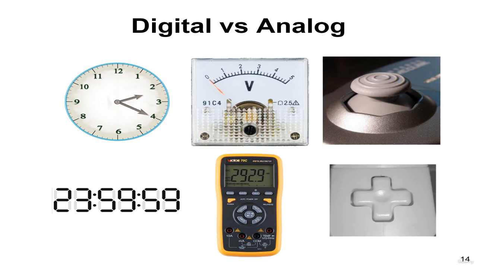So the real world objects can gather data and display the data either by analog or digital means. The clocks, the multimeters and the joysticks can take either the analog form or the digital form. The only difference is the way the data is represented in both.